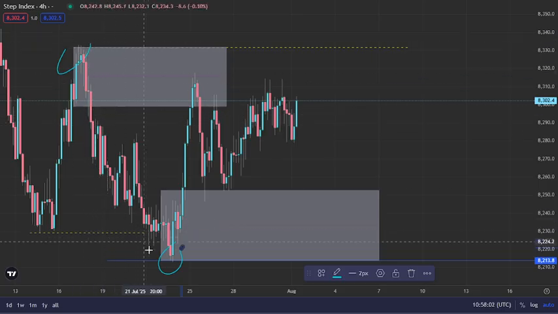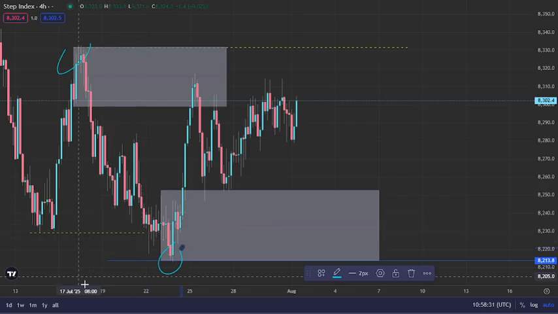This structure has formed on larger timeframes. If I'm waiting for this structure, this edge, to happen consistently, the chance of it playing out in my favor is high. The probability of me winning more than losing is high.